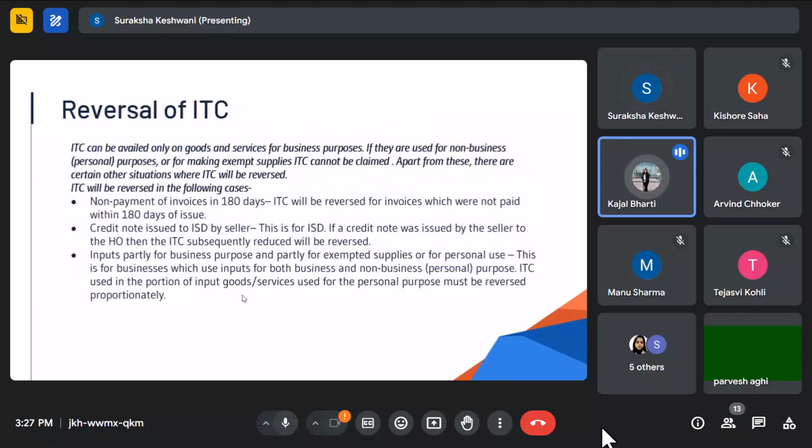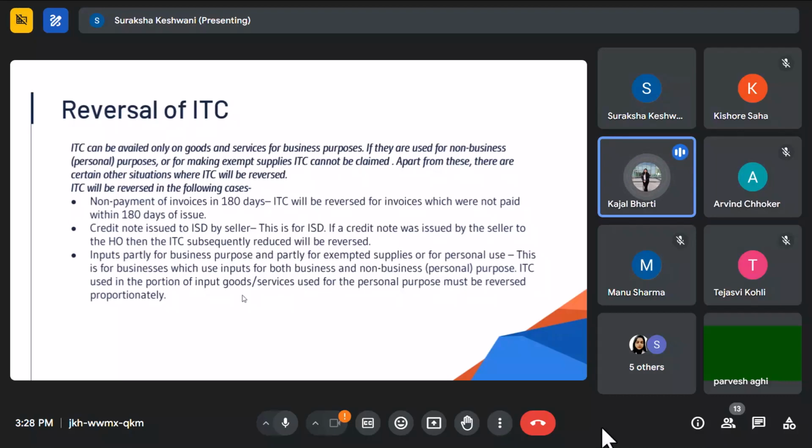The next slide is about the reversal of ITC. Under certain circumstances, the input tax credit is reversed back. ITC can be availed only on goods and services for business purposes. If they are used for non-business purposes or for making exempt supplies, ITC cannot be claimed. Apart from this, there are certain other situations where ITC will be reversed.